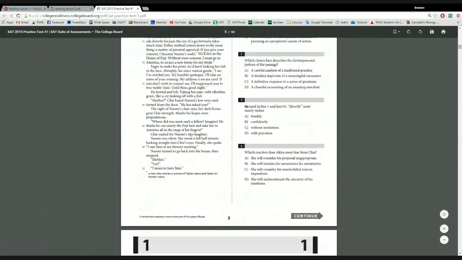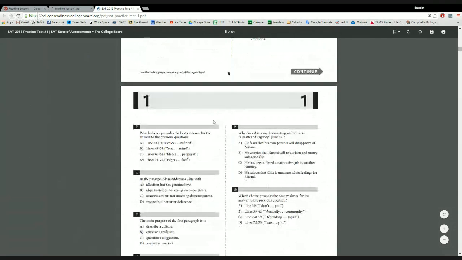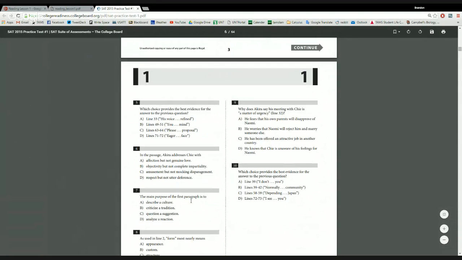You do a similar process as you look through the other questions. Number 4, once again, has no line, so you just skip that for now. Number 5 would be a question that relates to 4, so although there are lines in the answer choices, you just want to skip that. For number 7, this says the main purpose of the first paragraph, which is also referring to specified lines.